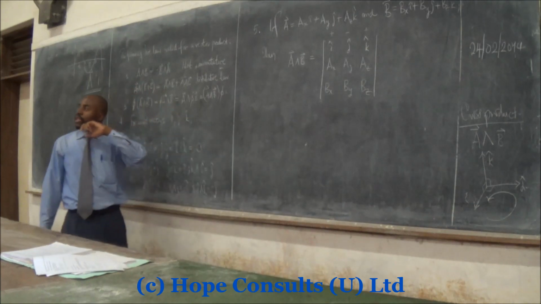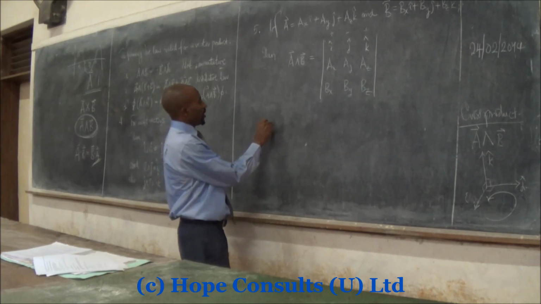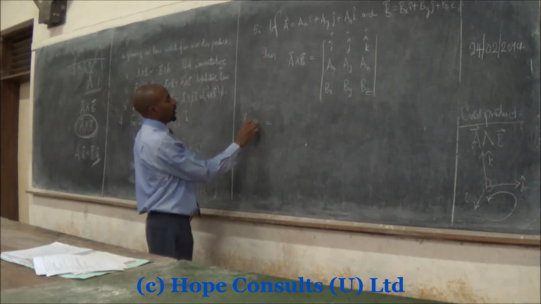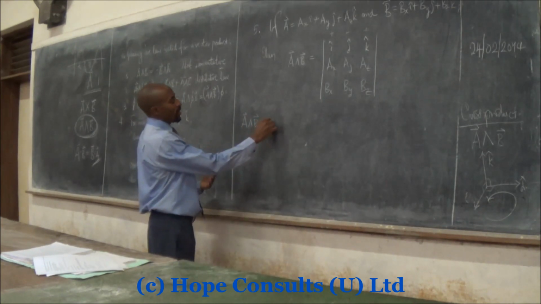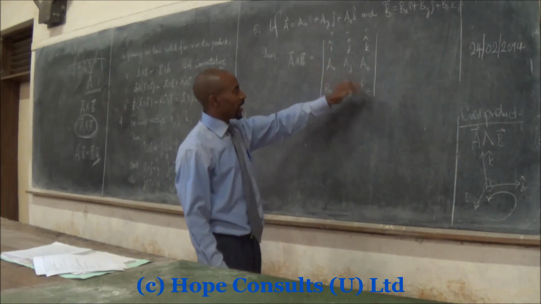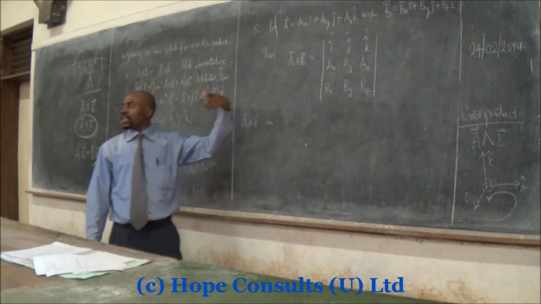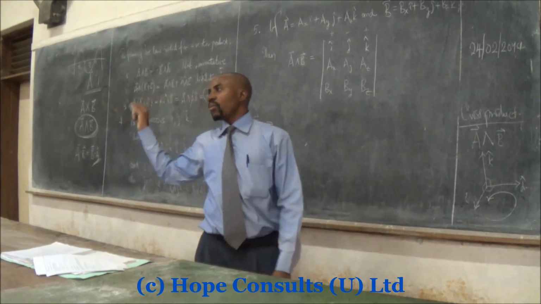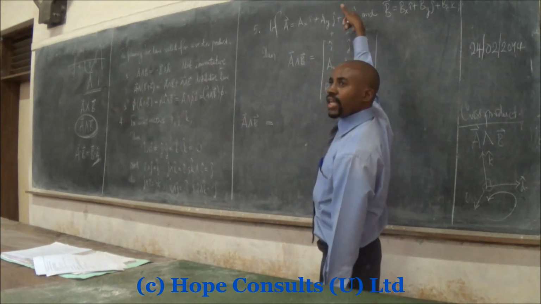If we are looking for the I component, then we must make sure that our A cross B will be equal to, so I will shadow out the I. And when I shadow it out, I take the determinant and give it an I. If I'm going to the J, it means now I'm going to shadow out this, but it will acquire a negative.